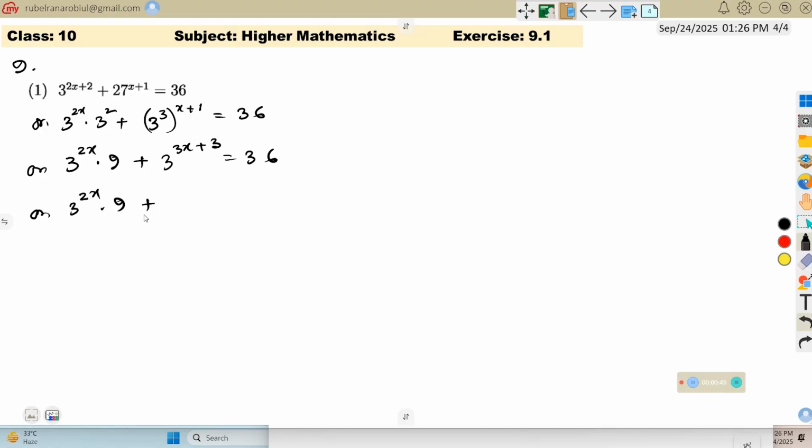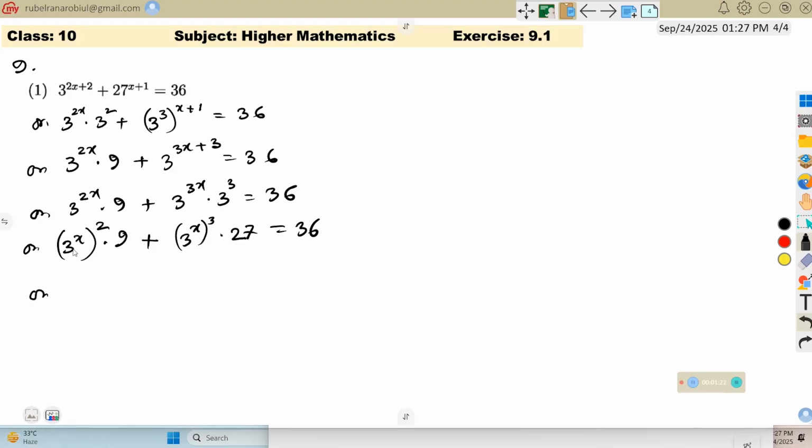Same thing here in the first term. Now in the second term, we'll write it as 3 to the power 3x into 3 cube, that is 36. Now we can write 3 to the power 2x as 3 to the power x with the power 2, into 9, plus also here we can write it as 3 to the power x with the power 3, because power of a power will be multiplication, and 3 cube is 27.